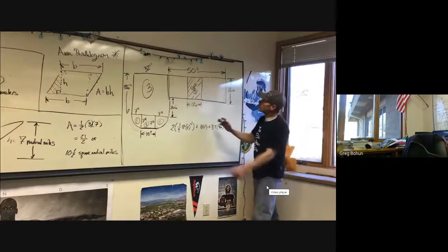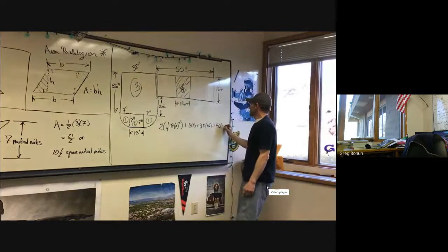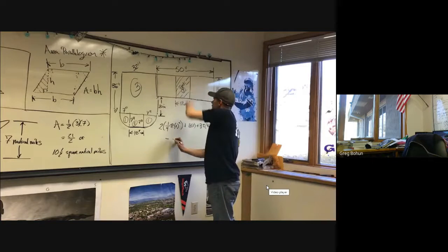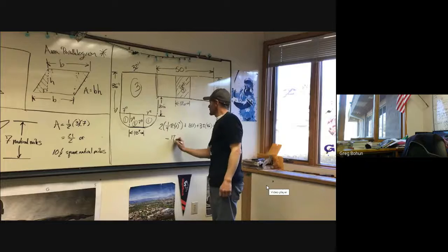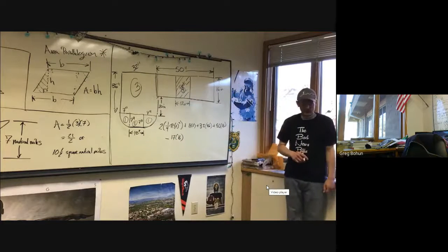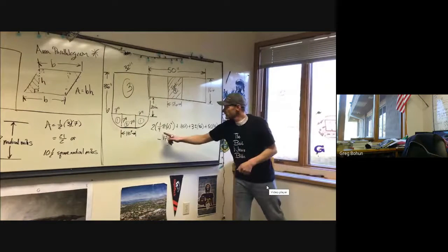Now we're to this rectangle piece, and so I'm going to add plus 50 times 16. That's the whole big piece, but I need to subtract out the sink, which is 17 times 16. Okay. And there you go. So you're going to punch this into your calculator and find out the answer to this.